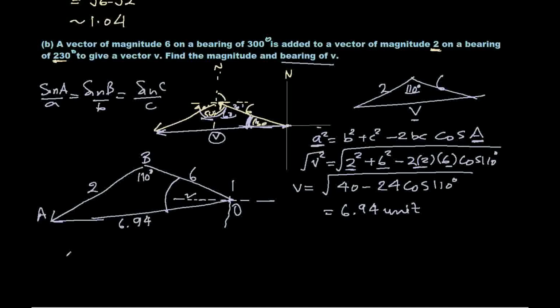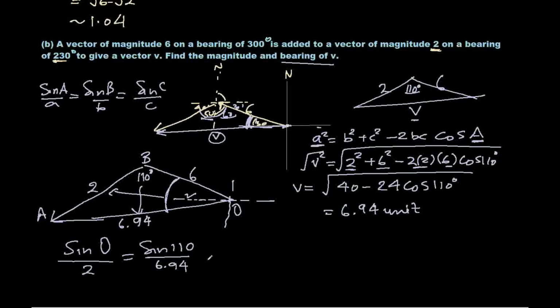So this angle we need to find, let's call it sine O. Sine O over the magnitude of the line opposite to it, 2, equal to sine 110 over the line opposite to 110, which is 6.94.